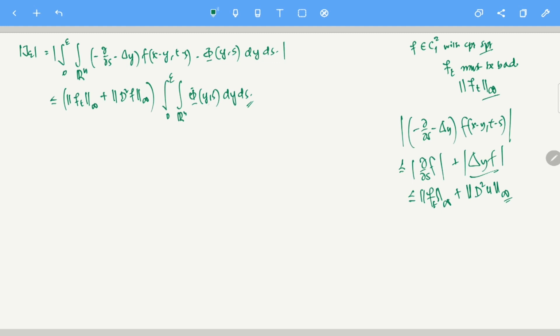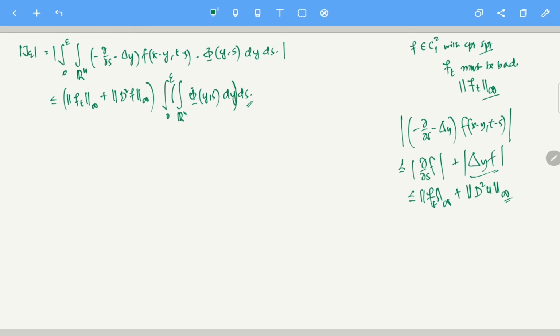Now I hope you know what happens to this particular thing. Of course, this is the integral over Rn of phi of y, s. If you remember, it is 1, no? Only this part is 1. Why? Because it's a fundamental solution.